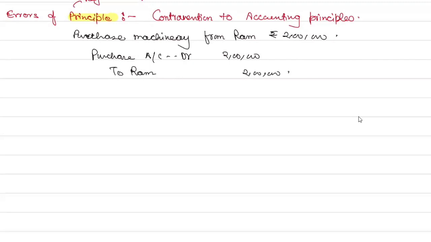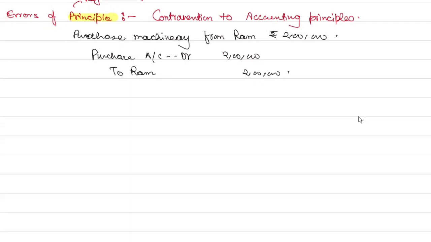Yes, sir. So what actually is happening? My machinery should have increased, correct? But what actually am I debiting? Purchases. And purchase can be of stock as well as asset. So clarity is not there.